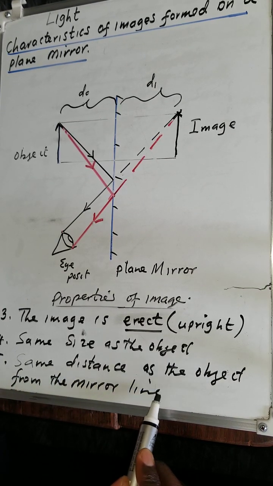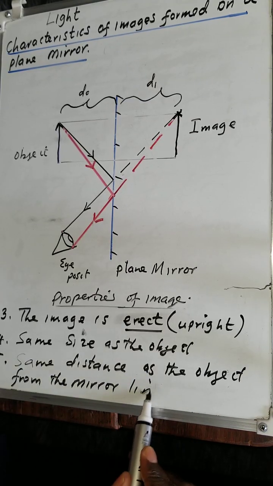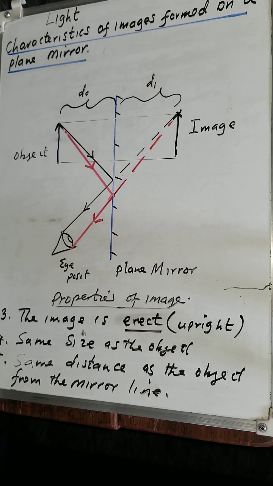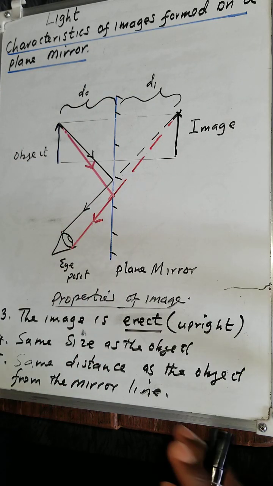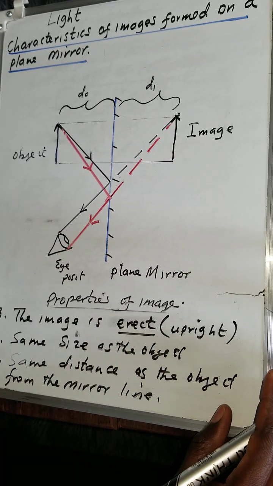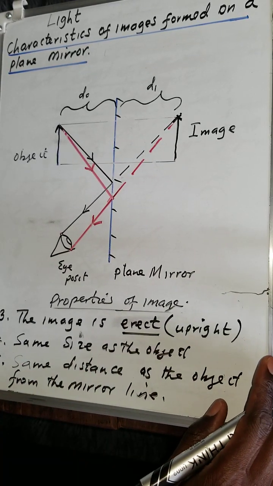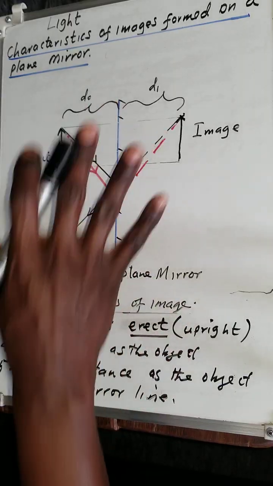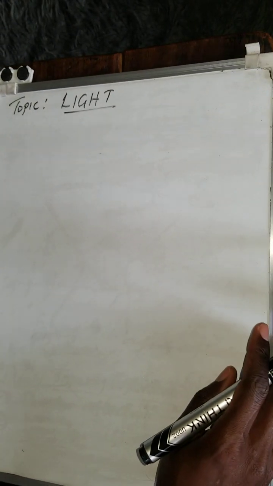So these are the characteristics of the image formed on a plane mirror that you need to remember. Of course, they are going to ask you to complete such a ray diagram. There could be a lot of ray diagrams, and they can come in various formats. Sometimes they can just give you a point and tell you to complete the ray diagram. It is actually possible to do that.